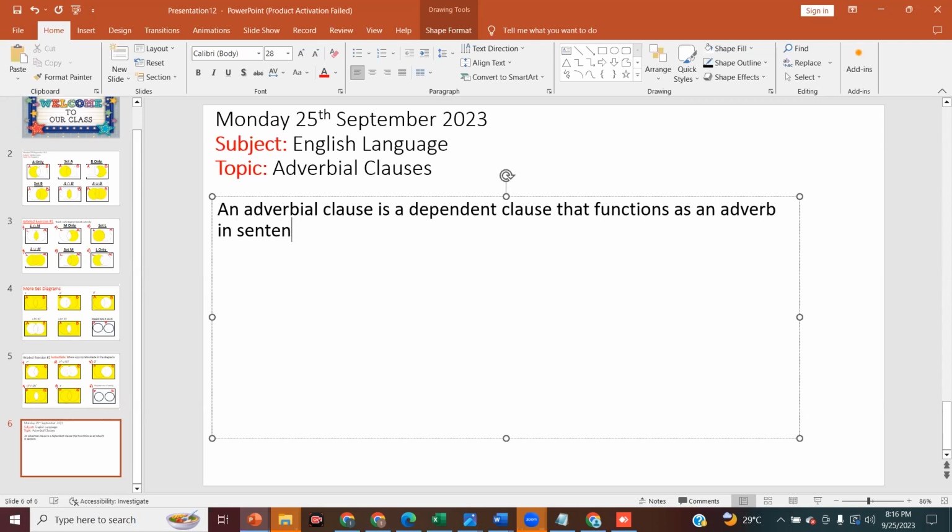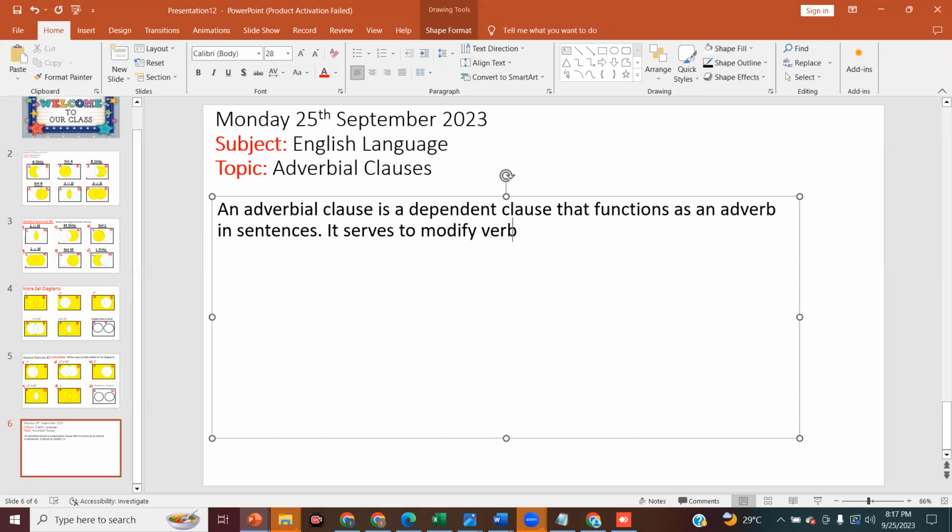Anyone know what adverbs are? Did you ever do that in school? I forget what that is. Describe a verb. Adverbs modify what? They modify verbs. It serves to modify what?